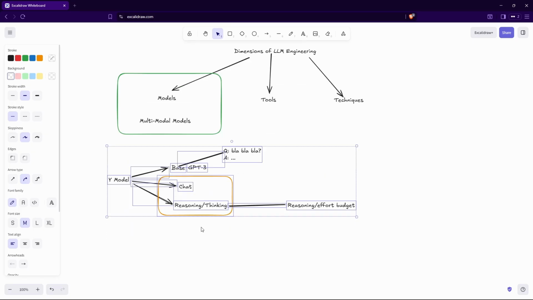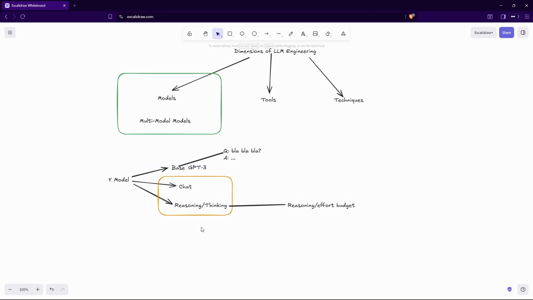Still on day three, we discussed some limitations of LLMs. LLMs are great, but they have some limitations. One of the ones we saw was that they are not PhD level.